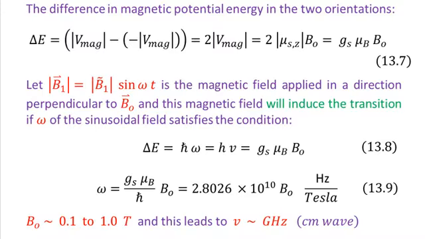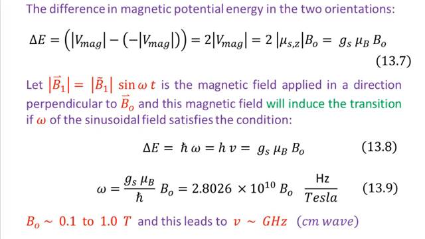Now let us define B1. B1 is another external magnetic field. Here we are talking about the magnitude of the B1 vector, the B1 magnetic field, which can be defined as the magnitude of B1 bar times sine of omega t.